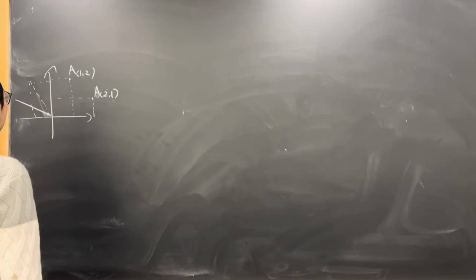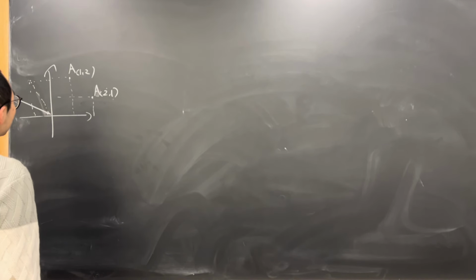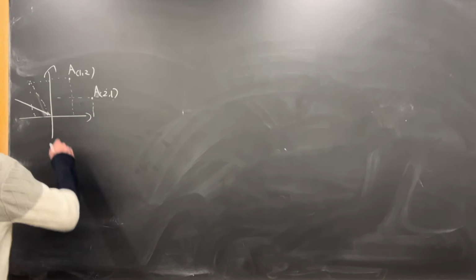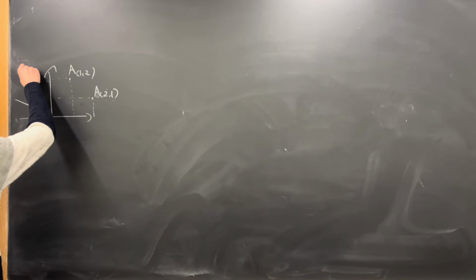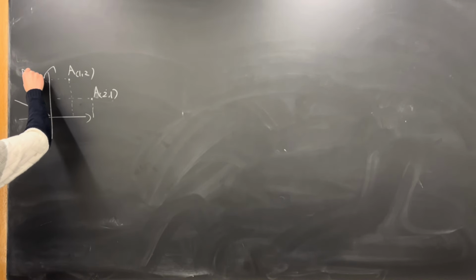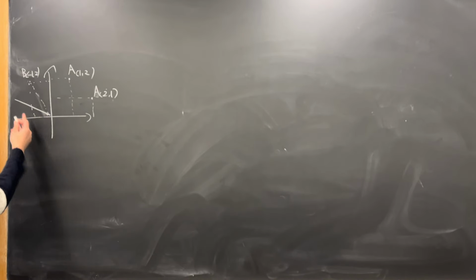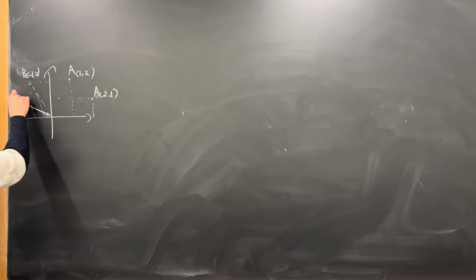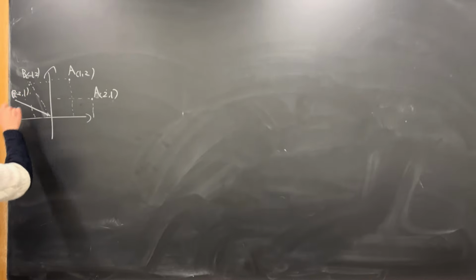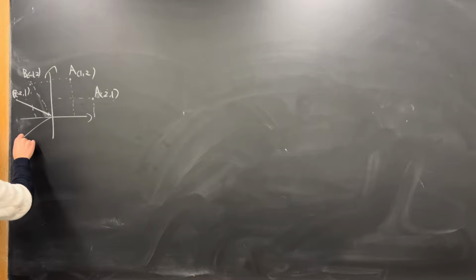Maybe I use the letter B for the second quadrant: B of -1, 2 for this point, and this is B of -2, 1. And this point, let's call it C of -2, -1.